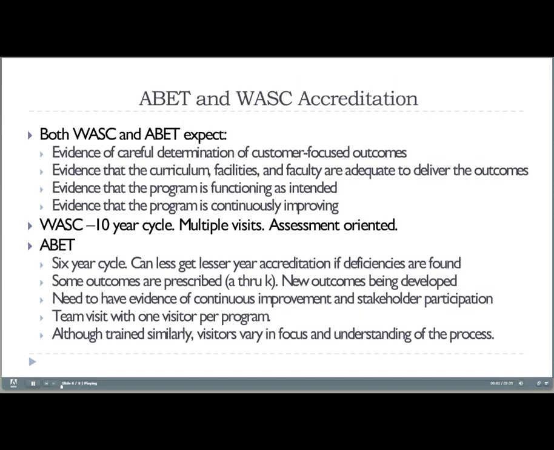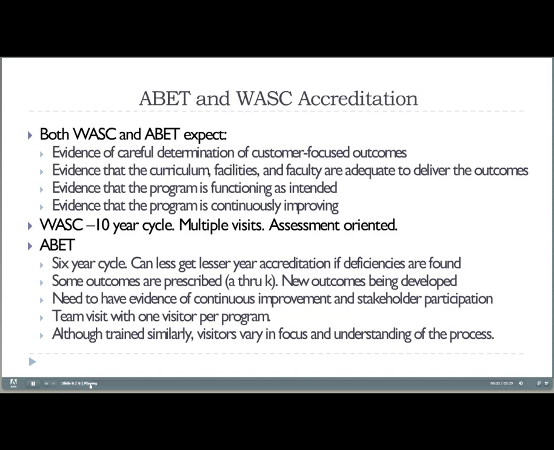In the College of Engineering at Cal Poly Pomona, we find ourselves concerned with 2 different accrediting agencies and 2 different accreditations. The first is regional accreditation, and our regional accrediting agency is WASC, the Western Association of Schools and Colleges.